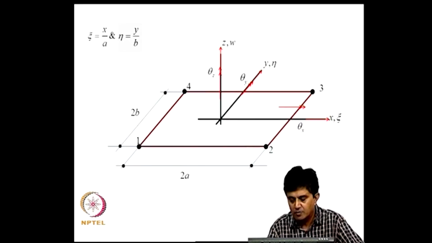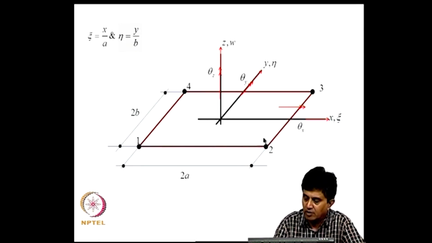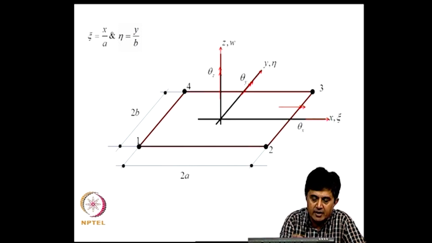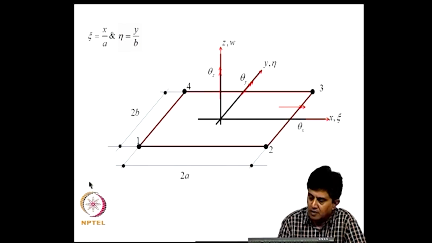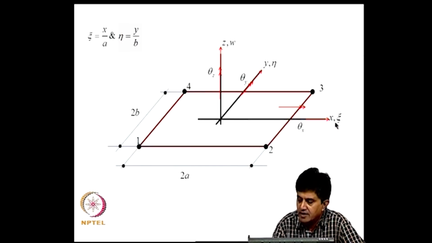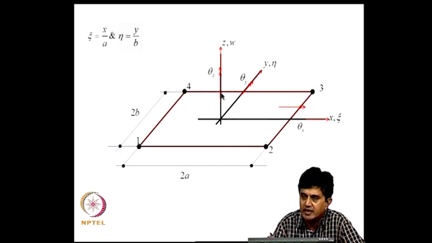So, the geometry of the model, this is a rectangular plate, these are the axes x, y, z, and I introduce x by a as xi and y by b as eta, and those coordinates are also shown here. This is eta and xi, and this is z coordinate. Along z we need not make any transformation, this w is shown as a corresponding displacement here.